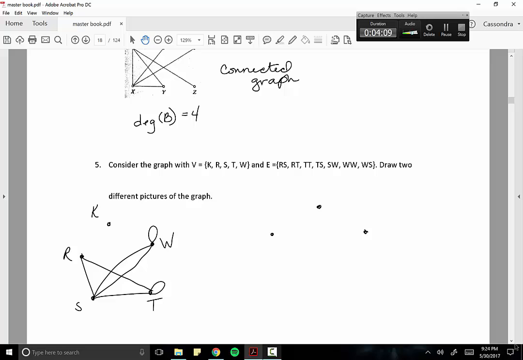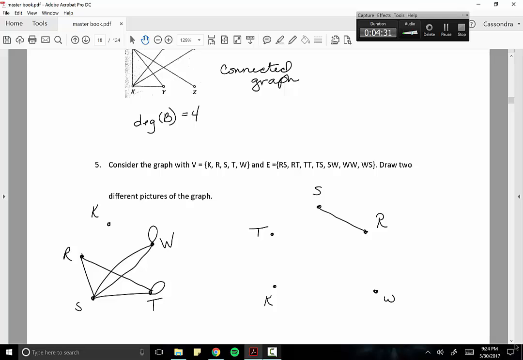vertices in another way because it really doesn't matter where you put the vertices, just as long as the edges that need to be there are there. So I'm going to go K, R, S, W, T. These are going to be the exact same graph.